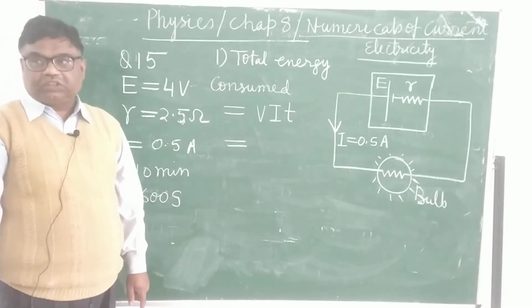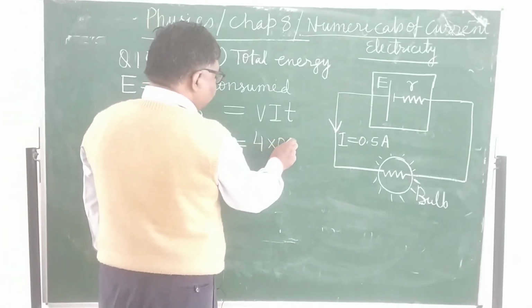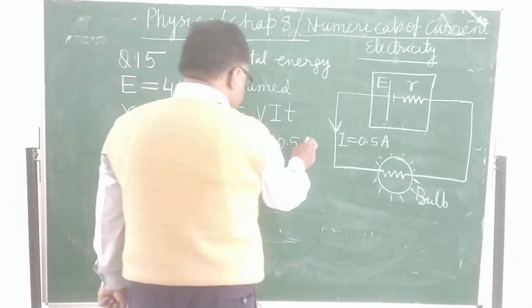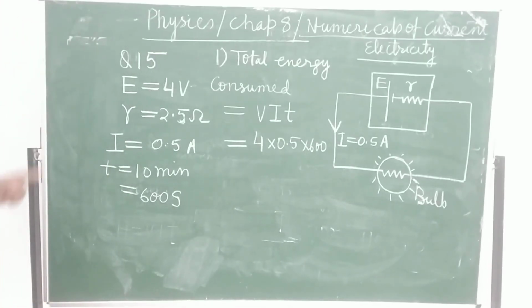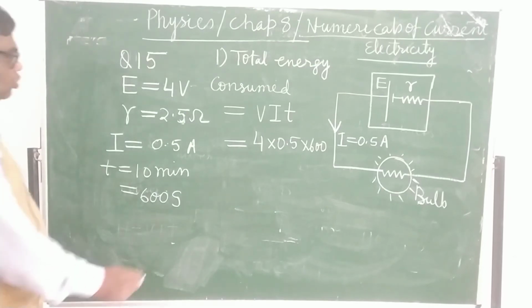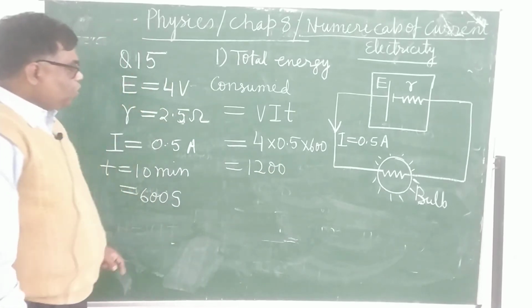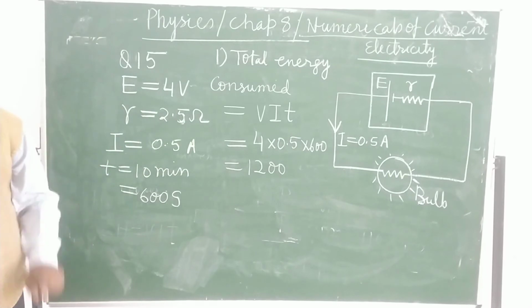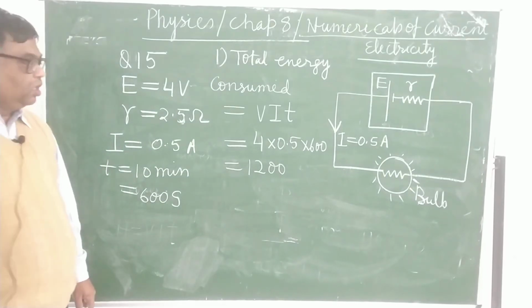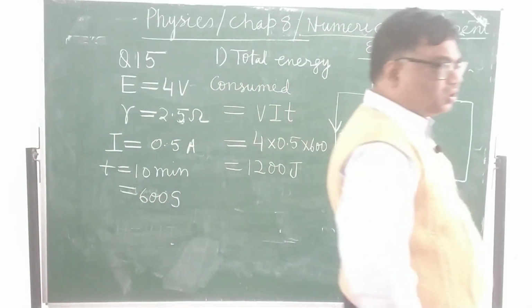EMF is also a potential difference. So it is 4, I is given 0.5, time is given 600 seconds. When you do this, it will come out 1200, and since you have taken all the quantities in SI unit, the energy will also come out in SI unit. It will be 1200 joule. Is it clear?